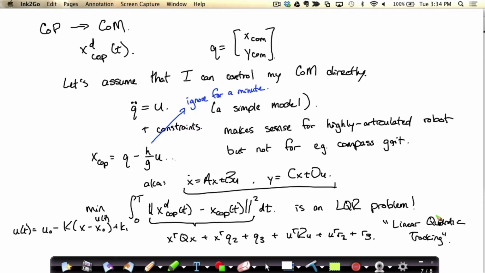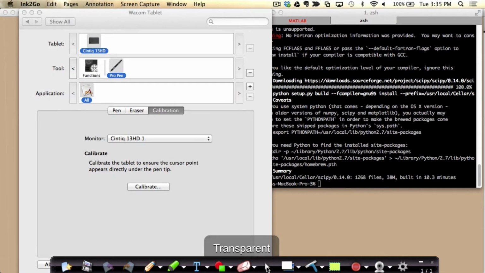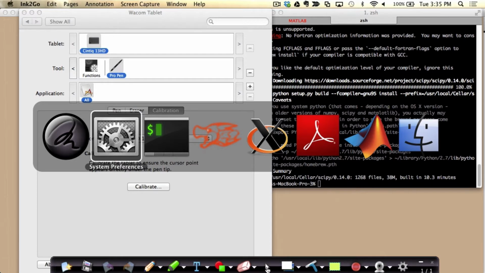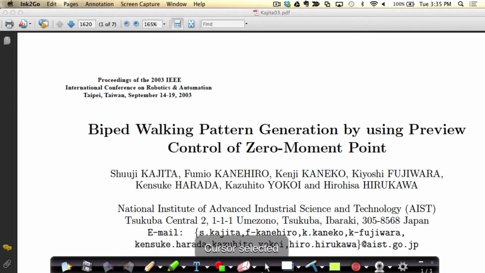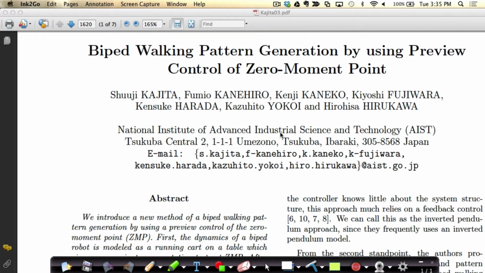Okay, this is an idea that's been around for a while. Honda, when they debuted their humanoid robots in the late 90s, 97 was the first time I saw it, were presumably doing something like this. The people that made it clearer, at least in my mind, were doing so in 2001 when their papers started coming out, but in 2003 there is a paper that really does a very nice job of it.